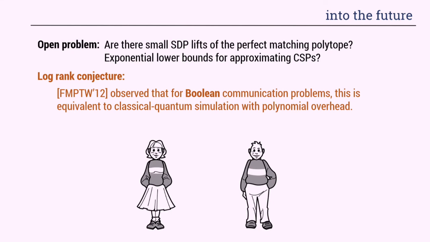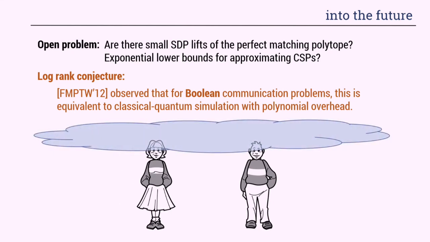Basically, the log-rank conjecture says that Alice and Bob have some kind of protocol where they exchange vectors and take inner products. But there are cancellations, classical cancellations, but you can simulate that. What the authors of this paper showed is that you can simulate that with quantum communication.